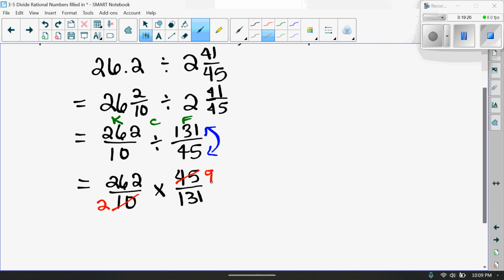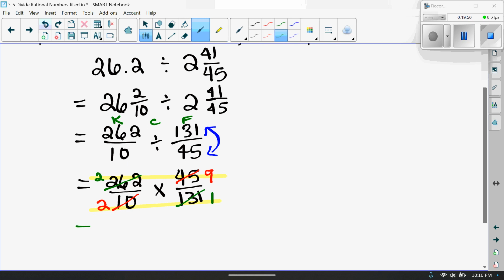Okay? Now if you'll notice, 262/131, we can divide 131 divided by 131, and that gives me 1. And 262 divided by 131, that gives me 2. So now we can multiply straight across.